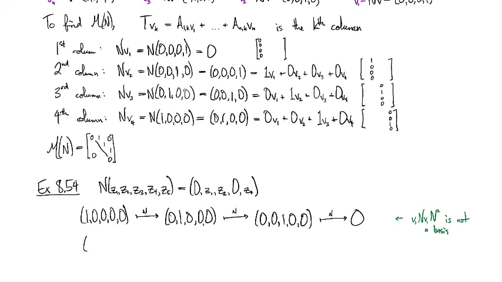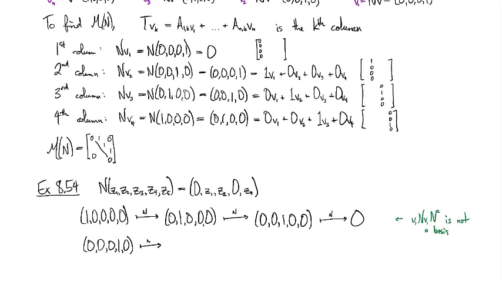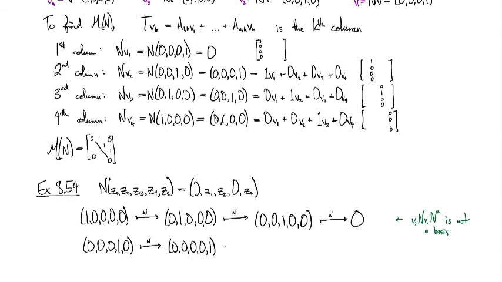But all is not lost. We just need another starting point. So if we start with this guy, then hitting it with n will get us here, and then it's dead. But now we got 2 more vectors.